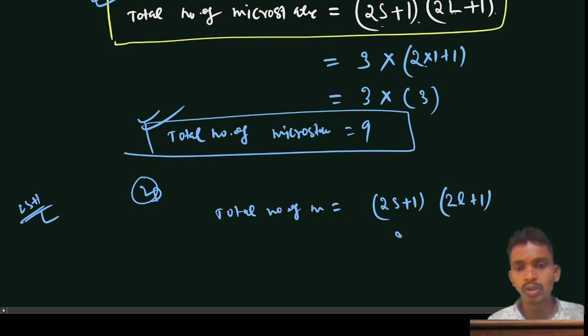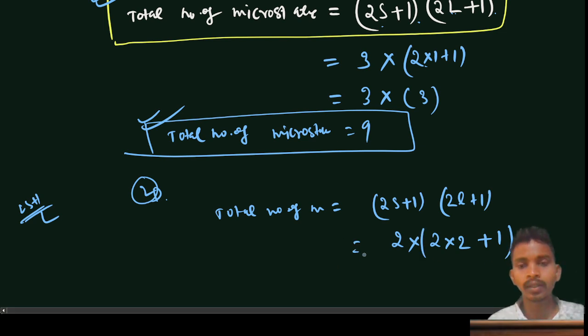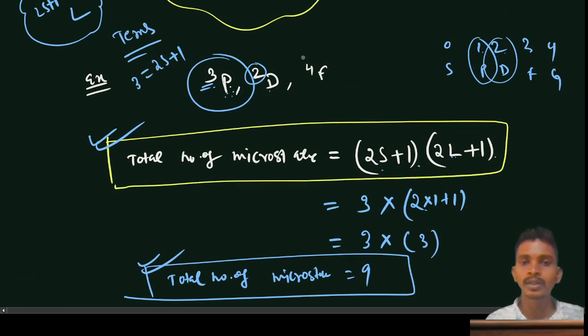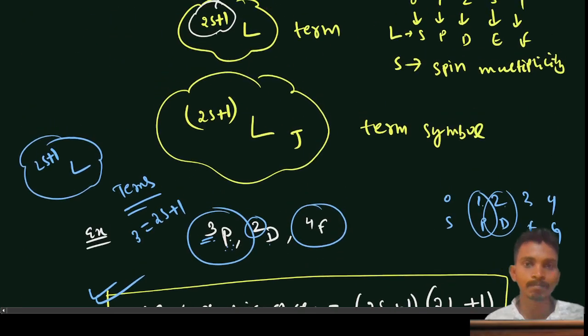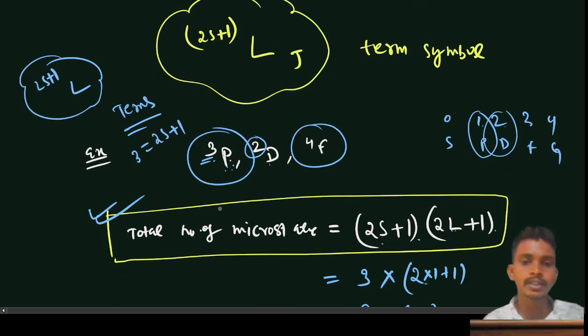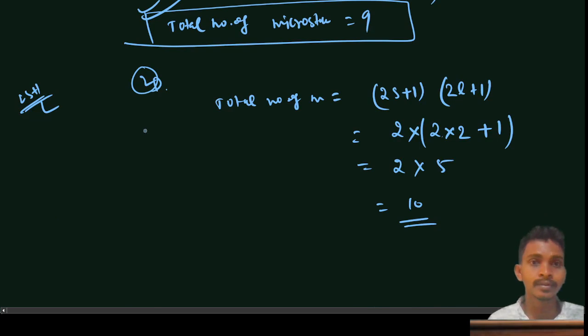So that is 2 into (2L + 1), and D represents 2, so 2 into (2 times 2 plus 1). 2 times 2 is 4, plus 1 is 5, 2 times 5 is 10, so the total number of microstates is 10. Likewise we can calculate for 4F. If any terms are given and asked to calculate the microstates, then use this formula. So this is the second formula.